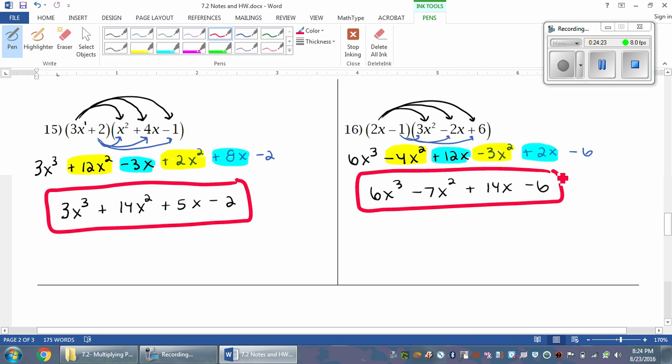Alright, the final simplified answer is equal to 6x cubed minus 7x squared plus 14x minus 6. Please go ahead and verify that you got the correct answer or find your mistake or have your teacher come help you figure out where your mistake was. If you got it correct, please flip the page and complete your homework assignment.